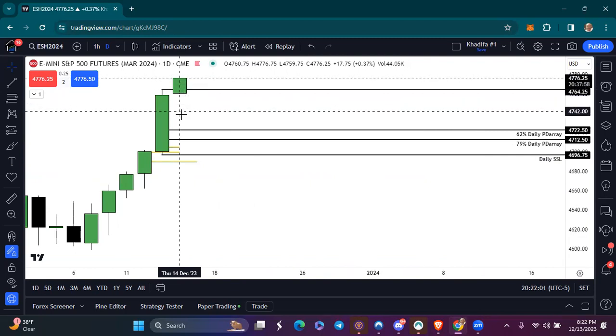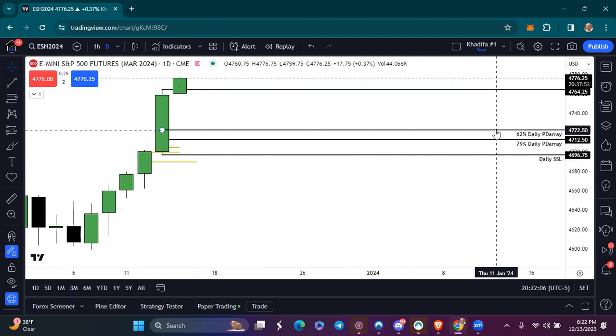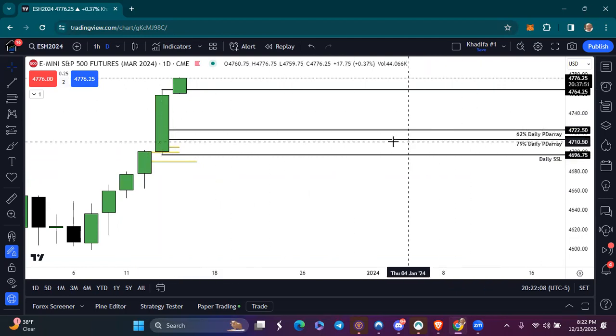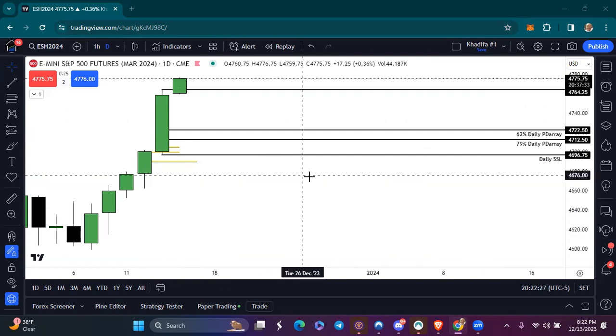I want to see if price pulls back down into the discount array level of today's price action, right? All of this move that we've seen today off of the core PPI news and PPI month-to-month news that we had today, and of course the Fed rate and FOMC today.